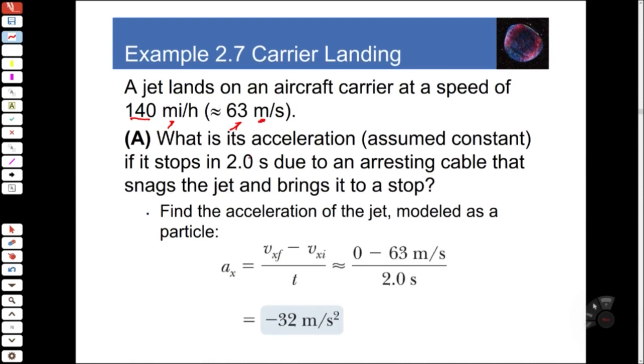What is its acceleration if it stops in 2 seconds due to an arresting cable that snags the jet and brings it to a halt? a_x is the change of v_x over t. The acceleration is constant, so its average is 0 minus 140 over 2. So it has to decelerate at this rate to stop.